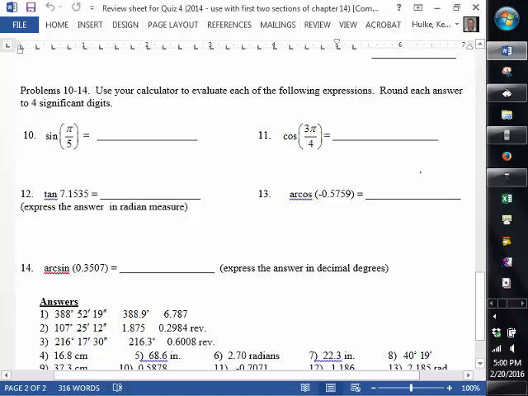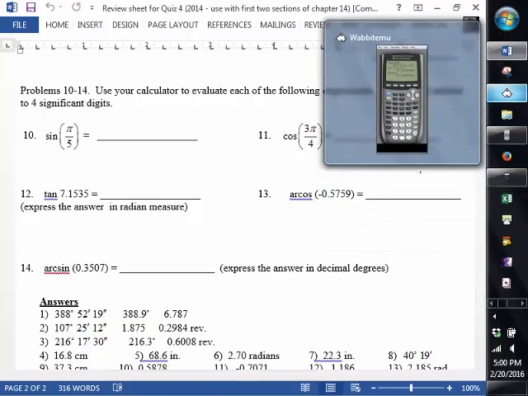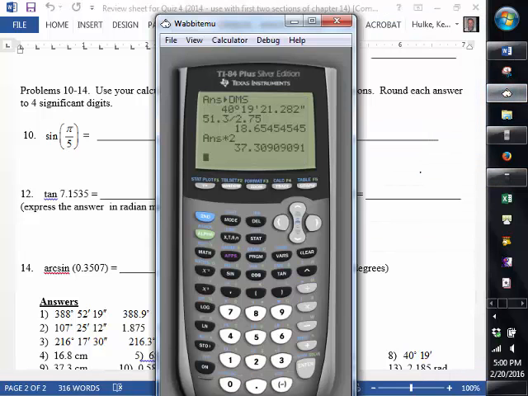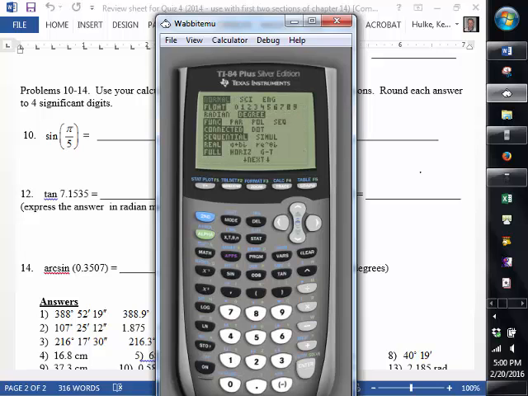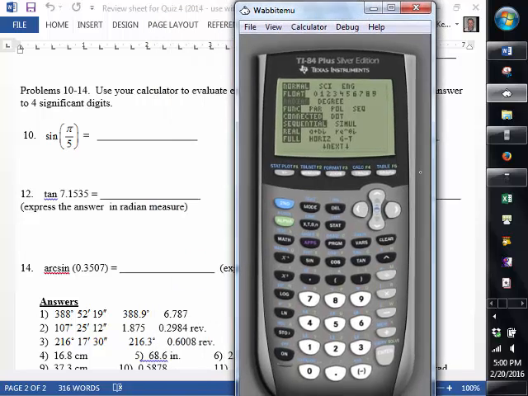Use your calculator to evaluate each of the following. Sine of pi over 5. So we have to make sure we are in the radian mode. Mode radians. All right.